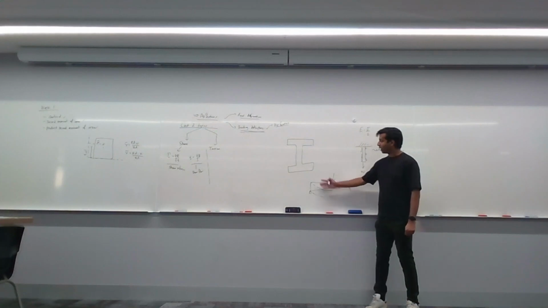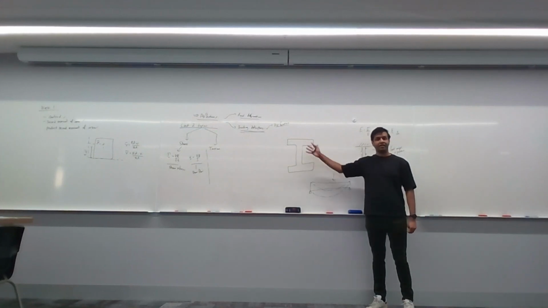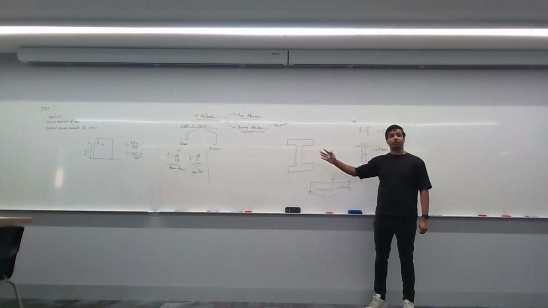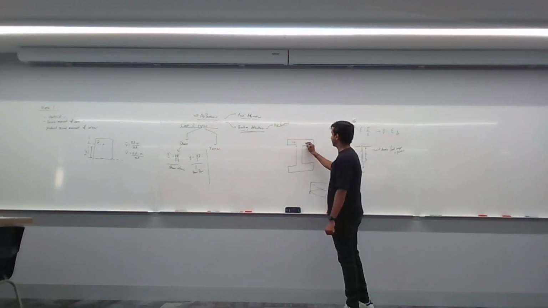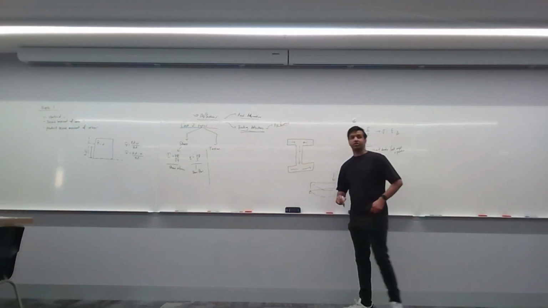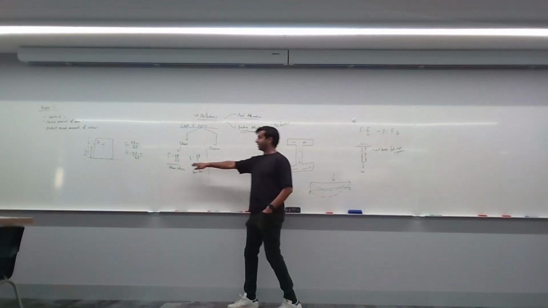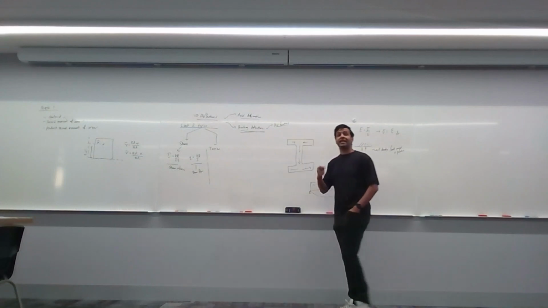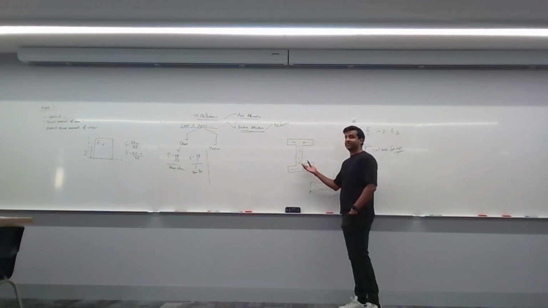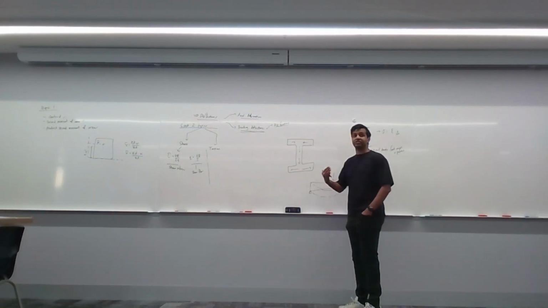Then what would the shear look like in this beam across the cross section? It'll look something like this. Those are your shear stresses. Now, using the first formula here, tau is equal to VQ over IT, we can calculate how much these stresses are.